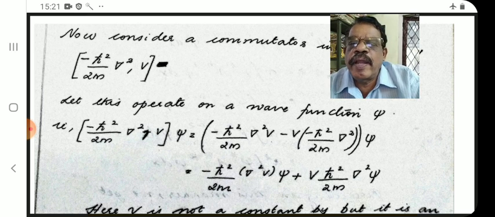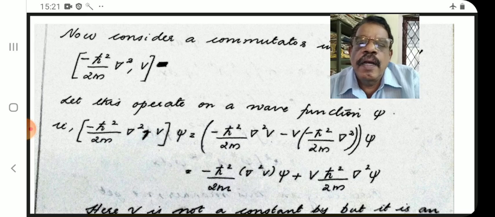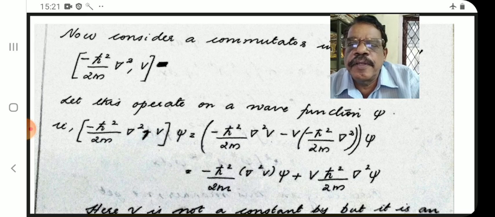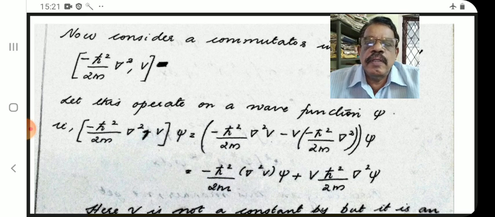Here in the RHS we have expanded the commutator outside of the bracket. Now we take the psi inside: minus h cut square by 2 del square V psi minus V into minus h cut square by 2 del square psi.